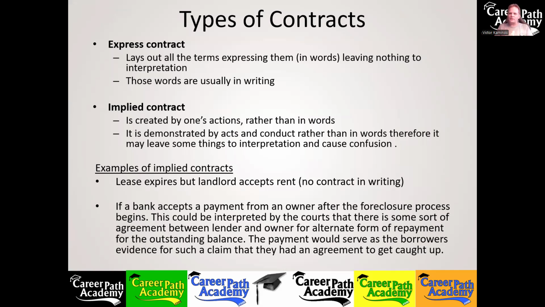When we do that on contracts, that's usually in writing. Whereas an implied contract is one that is created by one's actions rather than their words. It is demonstrated by the acts and conduct rather than in words. Therefore, it may leave some things to interpretation and cause confusion.